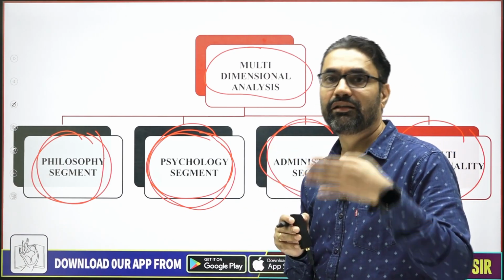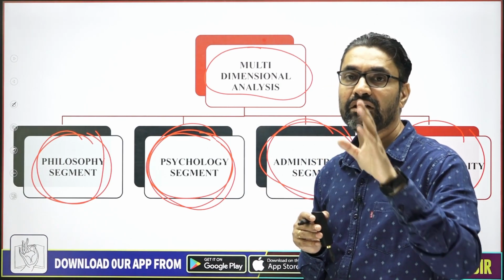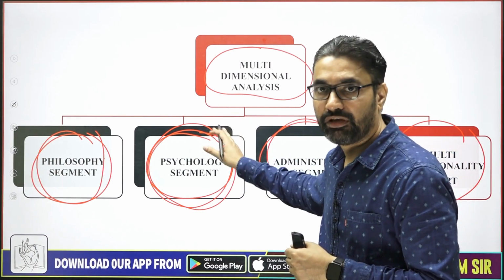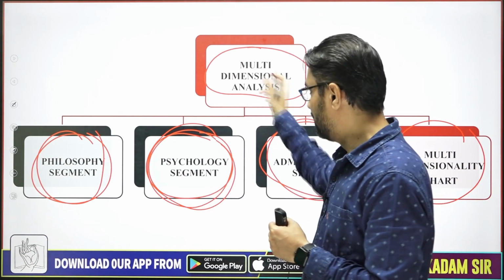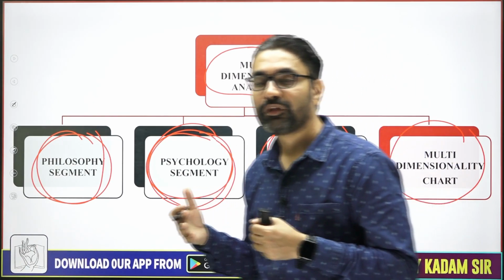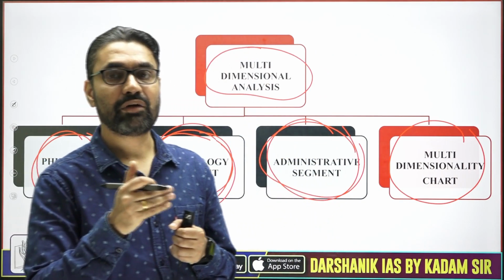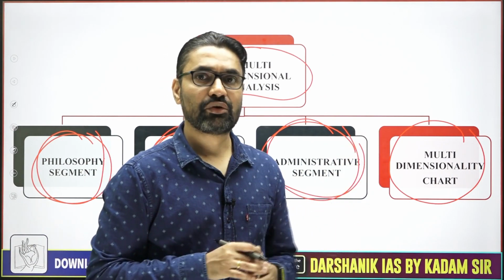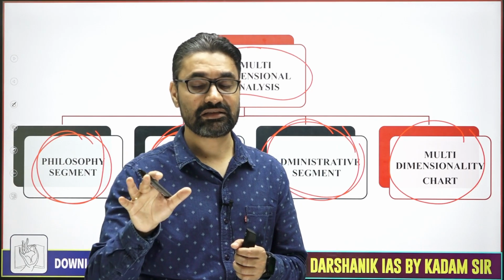In any case study, there are 2 or 3 sub-questions. In the 2 sub-questions, if you come up with 6-7 points, 15 points, 15 core, value-loaded terms in your answer using this multidimensionality chart, then that's enough. Okay, your answer will be extremely value loaded, qualitative as well as quantitative, and you will get very good marks. So that's all the basic tips that I wanted to give you related to case study discussions.